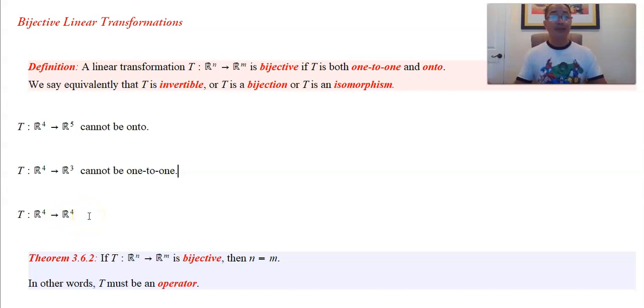It may not be one-to-one nor onto, but if you have spaces which are not the same dimension, you are definitely not going to be one-to-one or onto, one or the other. So if you want your transformation to be bijective, then the two spaces must have exactly the same dimension. In other words, T has to be an operator. So that is why we have the title of this video saying bijective operators.